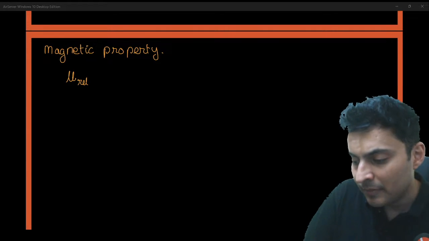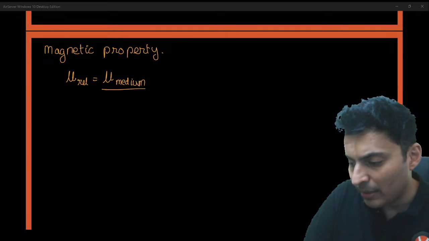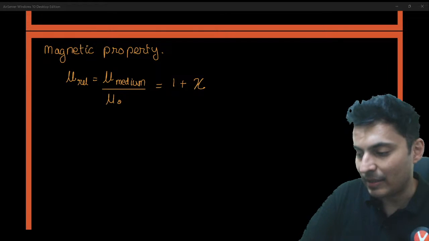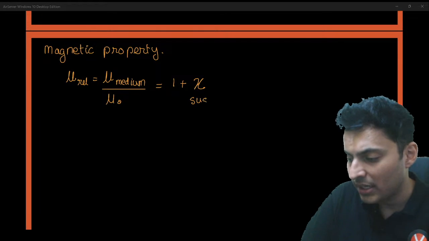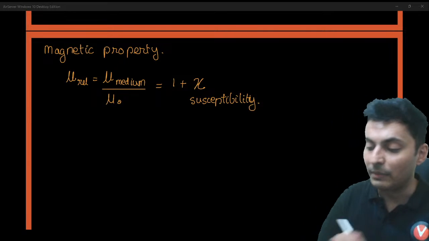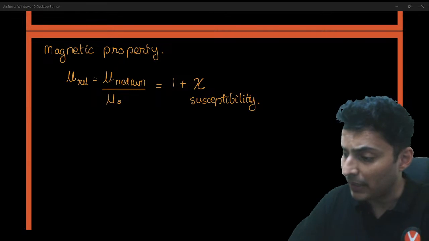Relative permeability is the actual permeability of the medium upon the permeability of free space or vacuum, and that happens to be 1 plus the susceptibility. X stands for susceptibility. Keep this in mind.